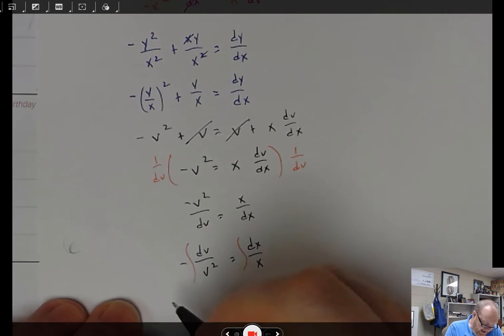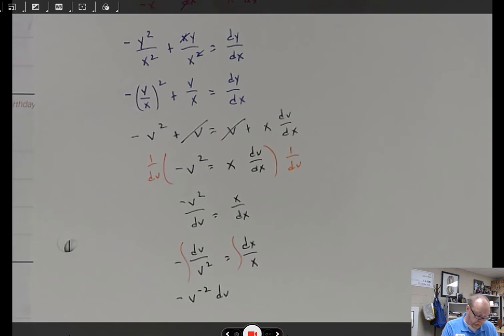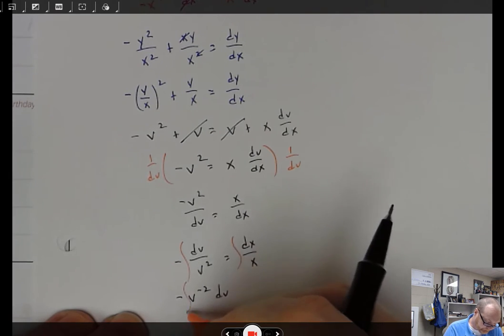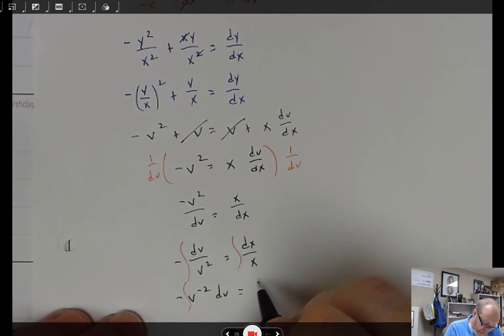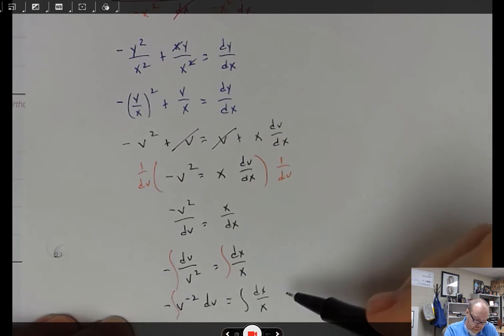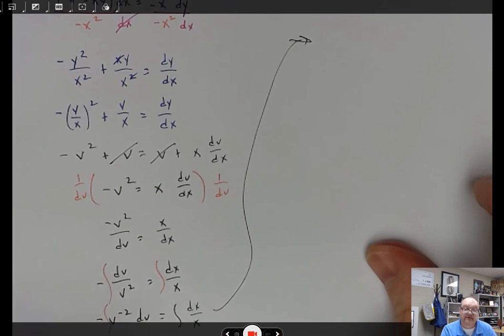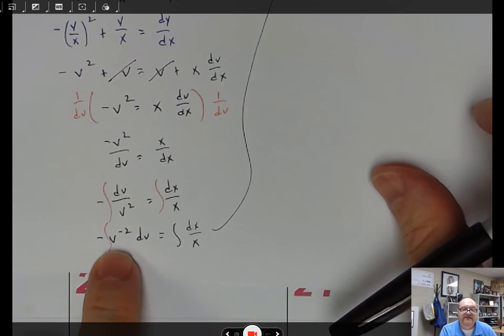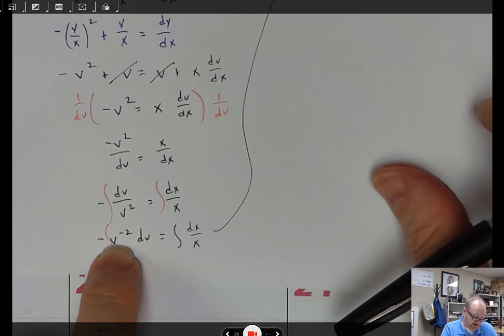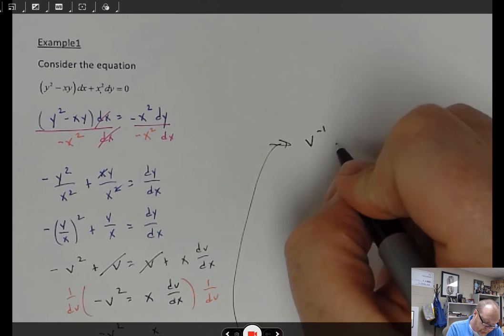So this side, to do the integration, I'm going to move the v up. And then the other side fits a rule. So I have, if I integrate v to the negative 2, add 1 to the power and divide by the power, that becomes positive 1 v to the negative 1.